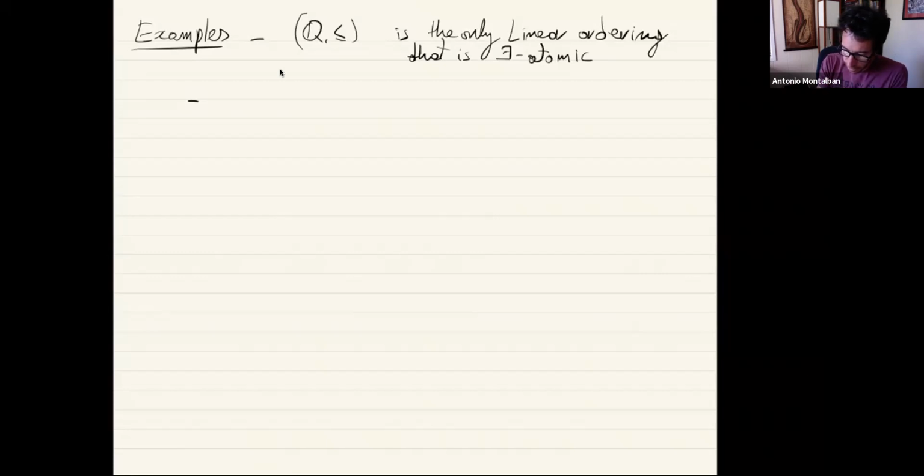So consider adjacency linear ordering. I'm going to just define what it is.